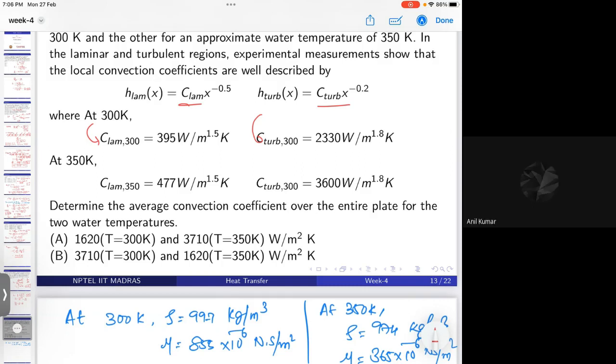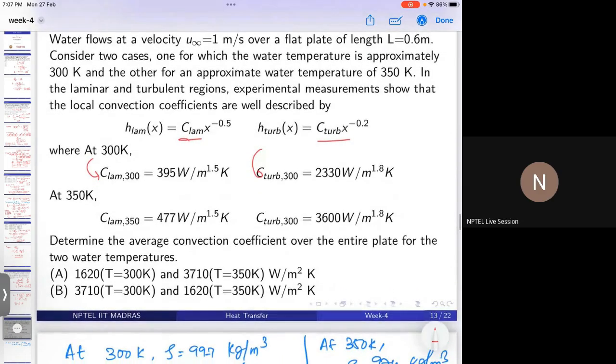Just show the statement. Excuse me, sir. Can you repeat? Sir, actually, show me the full statement. This one. Yeah, yeah.